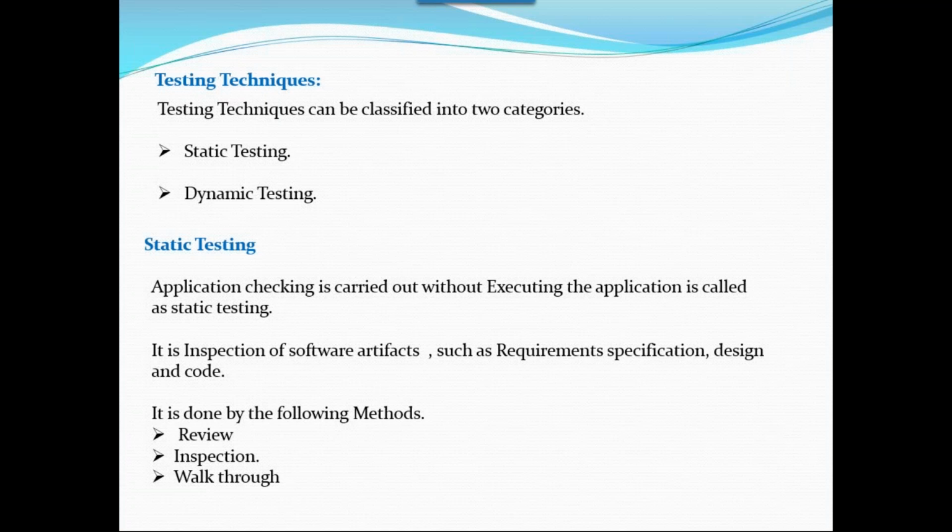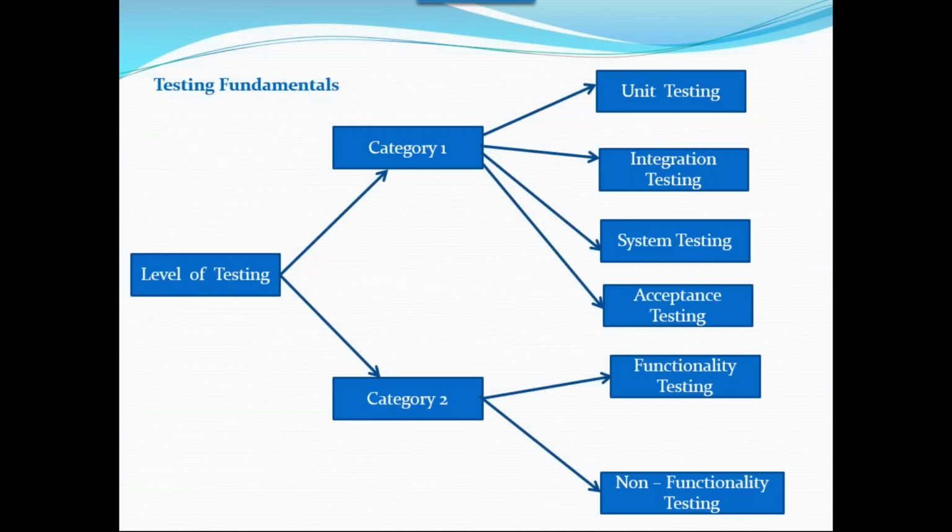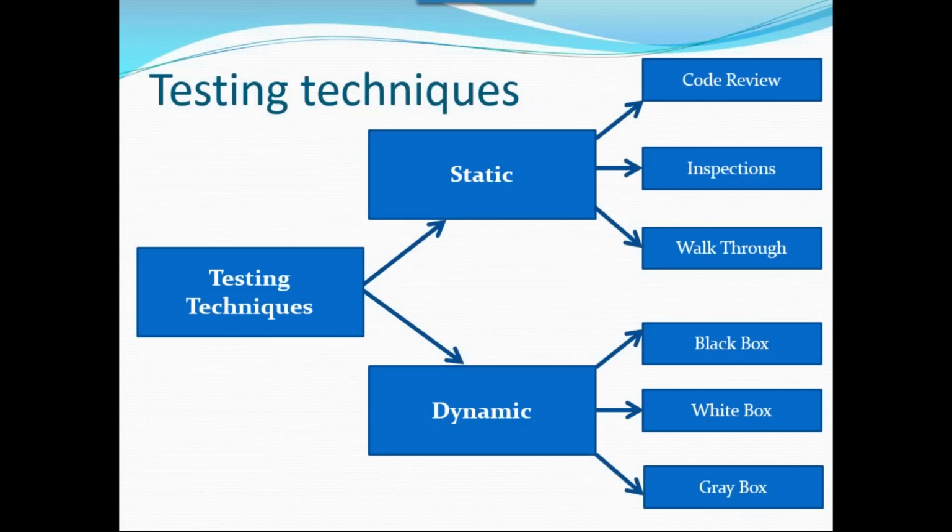In real time you will do both the verification part and the validation part. So in an interview, they will definitely ask you, do you know what the testing techniques are? You can simply say static and dynamic. What is the meaning of static and what is the meaning of dynamic? Static means without execution. Dynamic means with execution. Can you give me any examples? Static means code reviews, inspections, and walkthroughs. All of these come under the static technique.